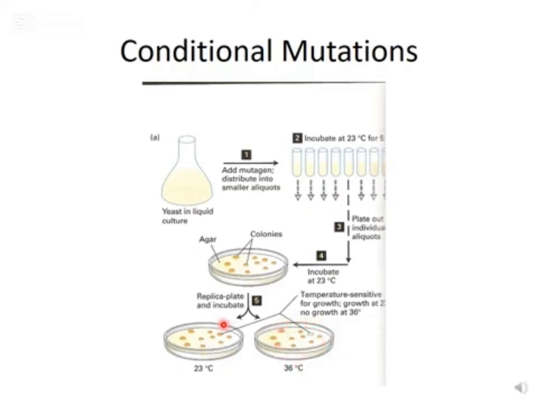So if you notice, at 23 degrees centigrade, all the colonies that result from bacterial growth are remaining in the plate, whereas at 36 degrees centigrade some of the colonies are missing. This is because we have a temperature sensitive mutation.